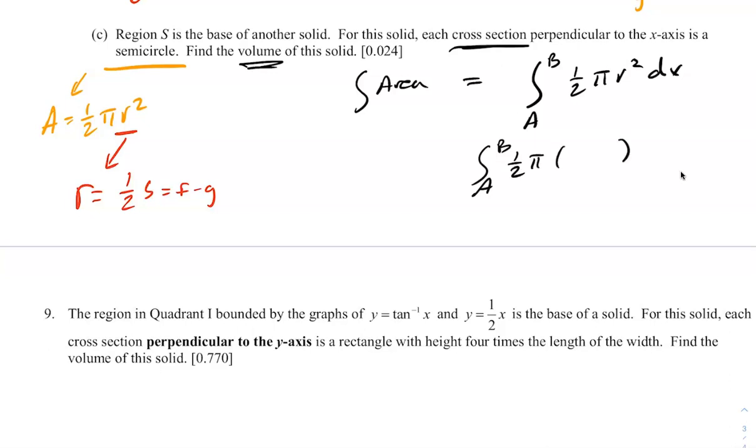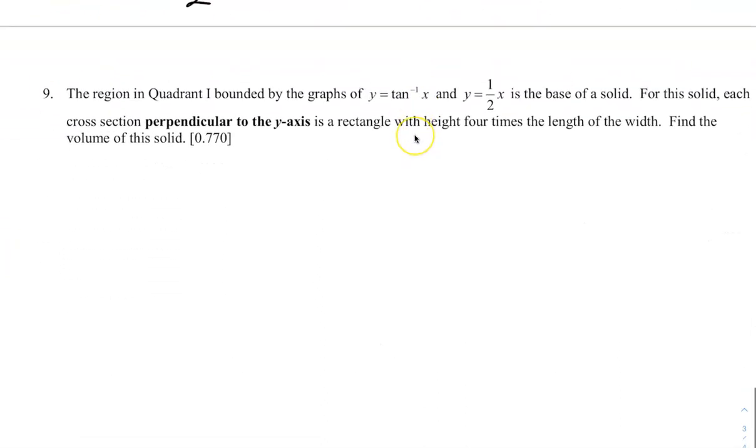Now instead of R, I'm gonna put F minus G divided by 2, because again, radius is 1/2 of that. So this divided by 2, that's all squared dx. And let's put in our calculator, and we'll get 0.024. Now you could try yourself, see if it works. Number 9.